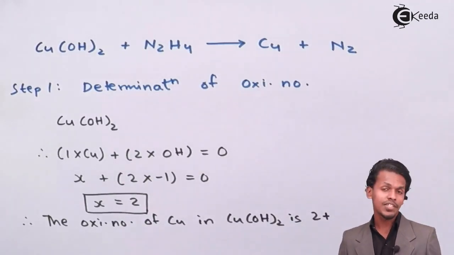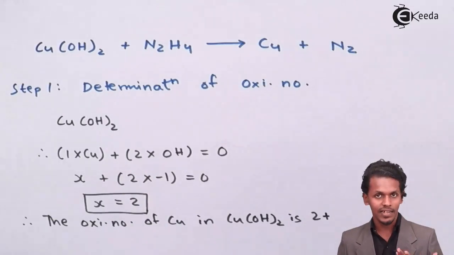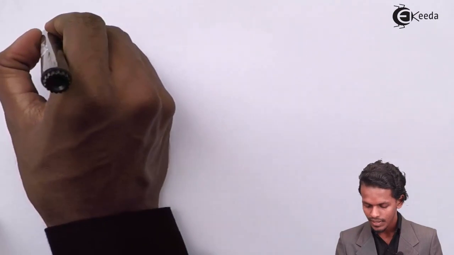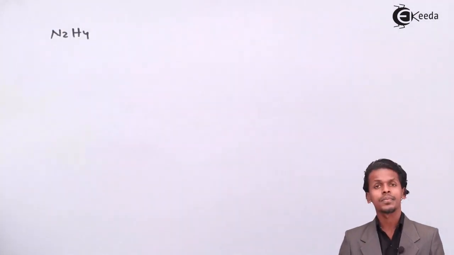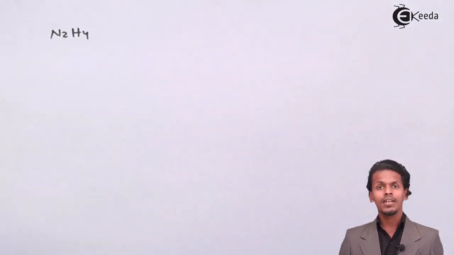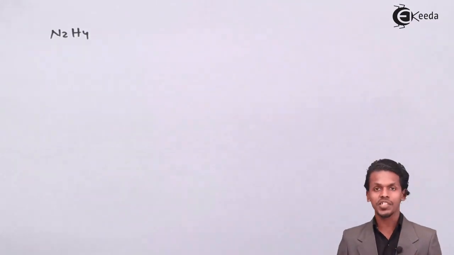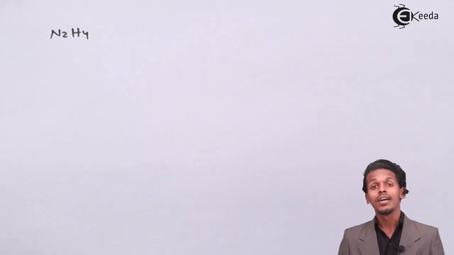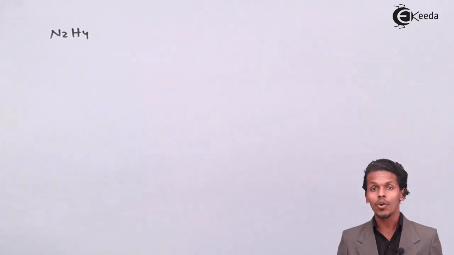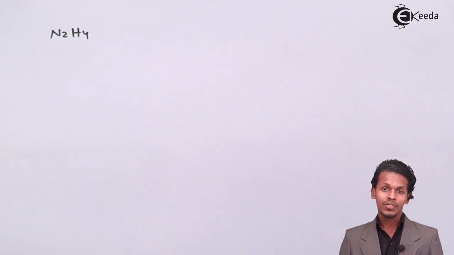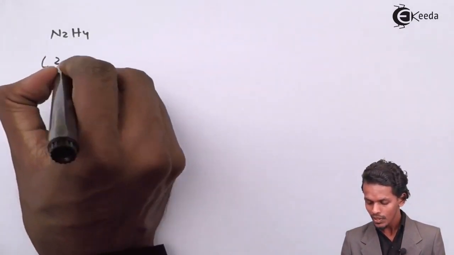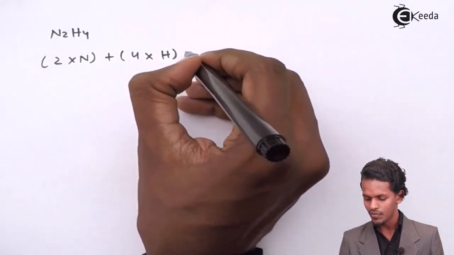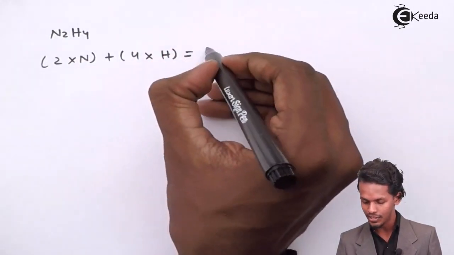Now let's move towards the next reactant, which is N2H4. Here nitrogen has a variable oxidation number, and we have to calculate the oxidation number of nitrogen itself, while the oxidation number of hydrogen is almost fixed, that is +1. So I could write it as 2 times nitrogen plus 4 times hydrogen, which will give an overall oxidation number of 0.